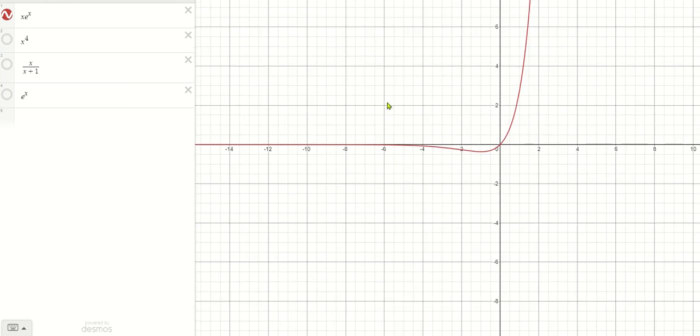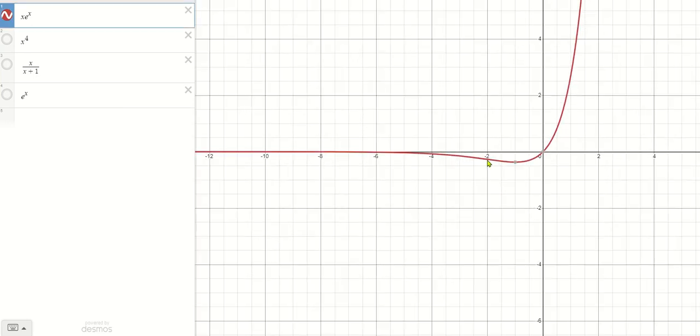So if we take a look at this function, we can see here's -2, that point there. And if we think about what's going on to the left of -2, we can see we've got that very slight concave down. That frown shape is very, very slight, but it is concave down from -2 to -infinity.